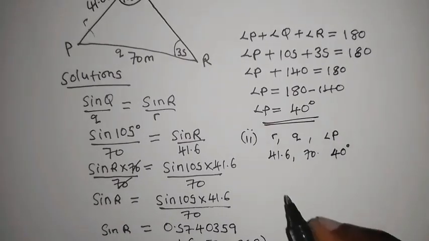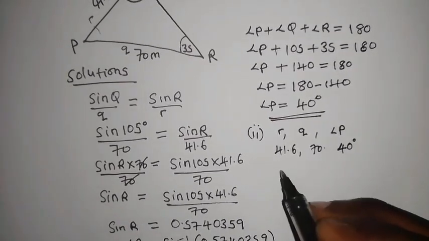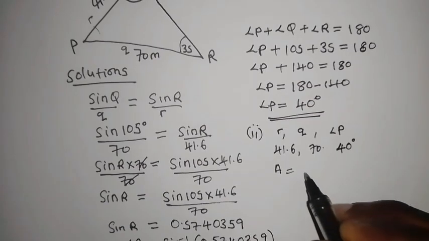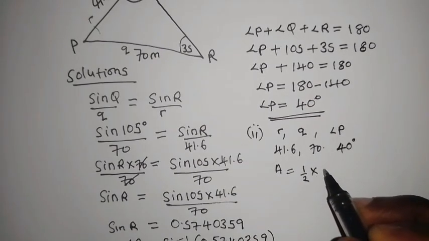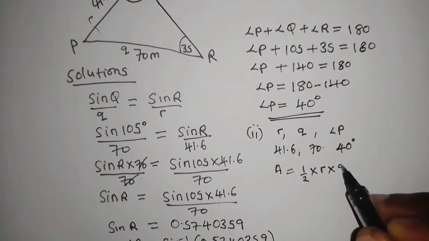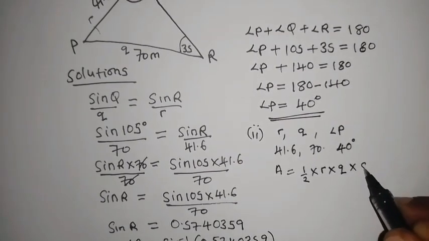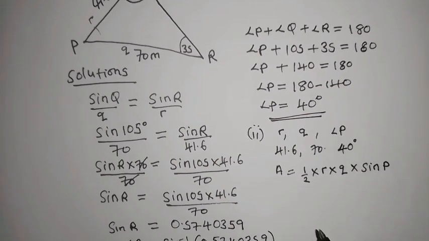Now from there, area equals 1/2 multiplied by the sides R, multiplied by Q, multiplied by sine of that angle, sine P.